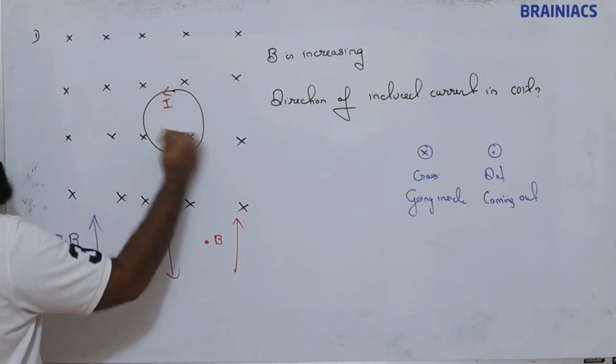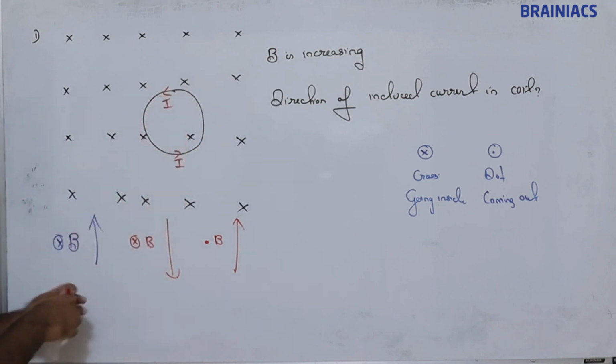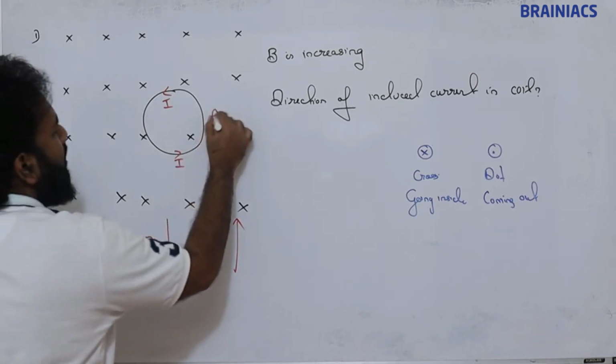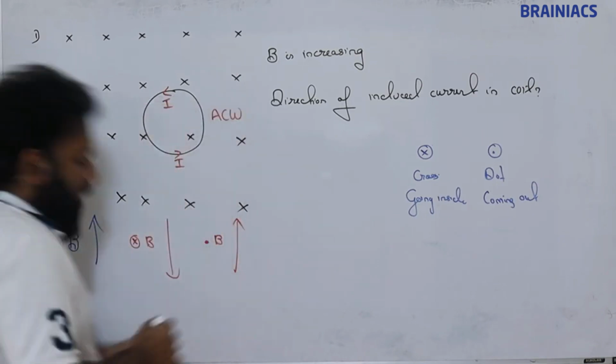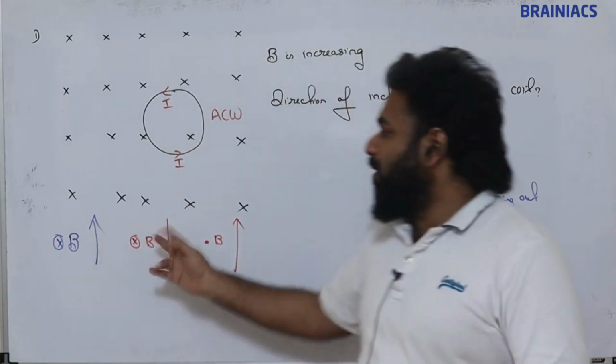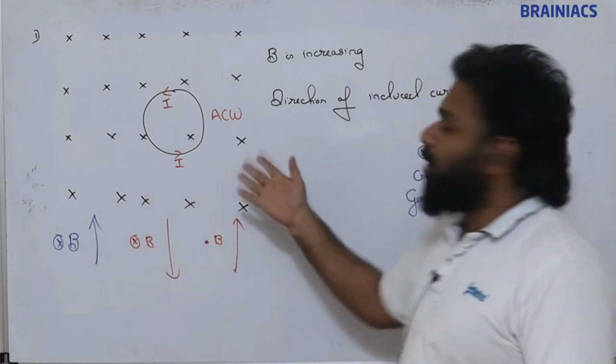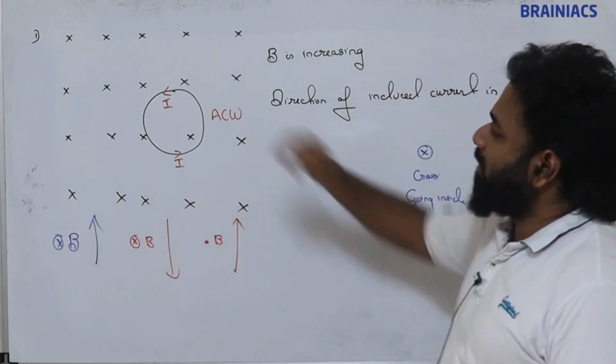Current should run in this direction, so that the dot magnetic field will increase. So anti-clockwise current will be induced in the coil. Clear? This is the concept. Same kind of problems, increasing cross, decreasing dot, decreasing cross, all these we will see.